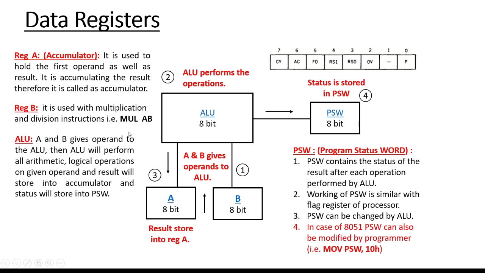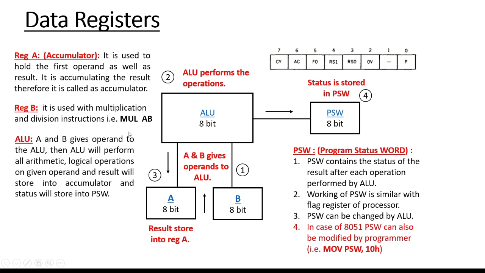The program status word is basically used for storing the status of the result. When any arithmetic and logical operation is performed by the ALU, according to the result, some bits are altered, and each bit has a distinct meaning.